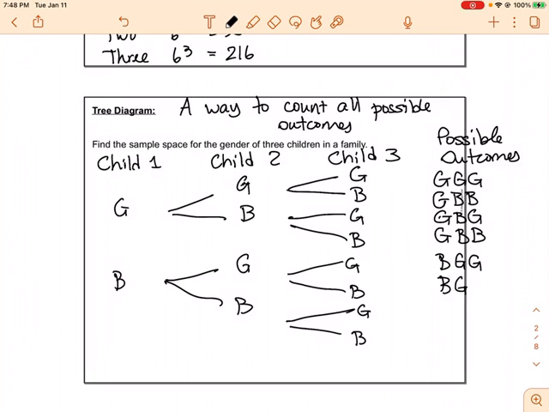Boy, girl, boy. Boy, boy, girl. Or all boys. So you have 8 possibilities, which we had 2 original outcomes and then raised to the 3rd power because there's 3 times.